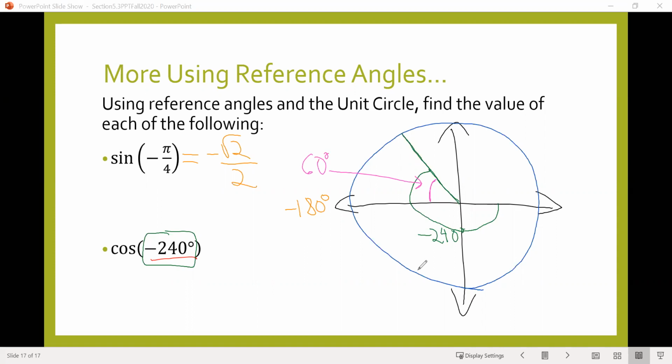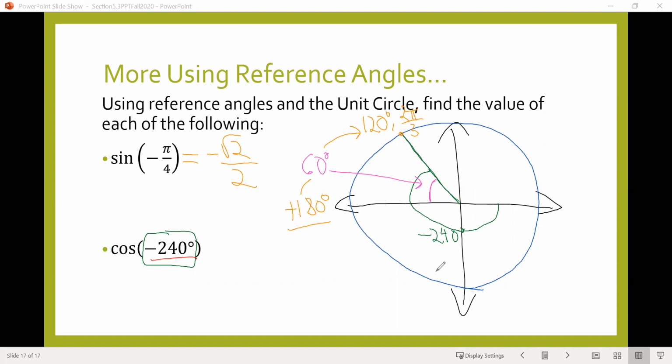If we think about what angle in the second quadrant on the unit circle has a reference angle of 60 degrees, that would be 120 degrees, or 2 pi over 3, right? We know on the unit circle this angle here is actually positive 180 degrees. If we take 60 away, we end up at 120 degrees.